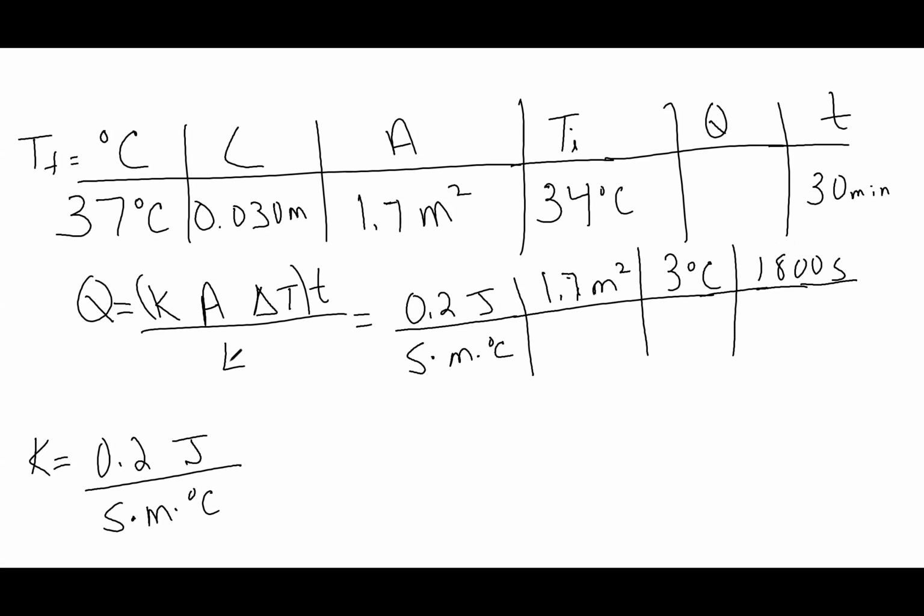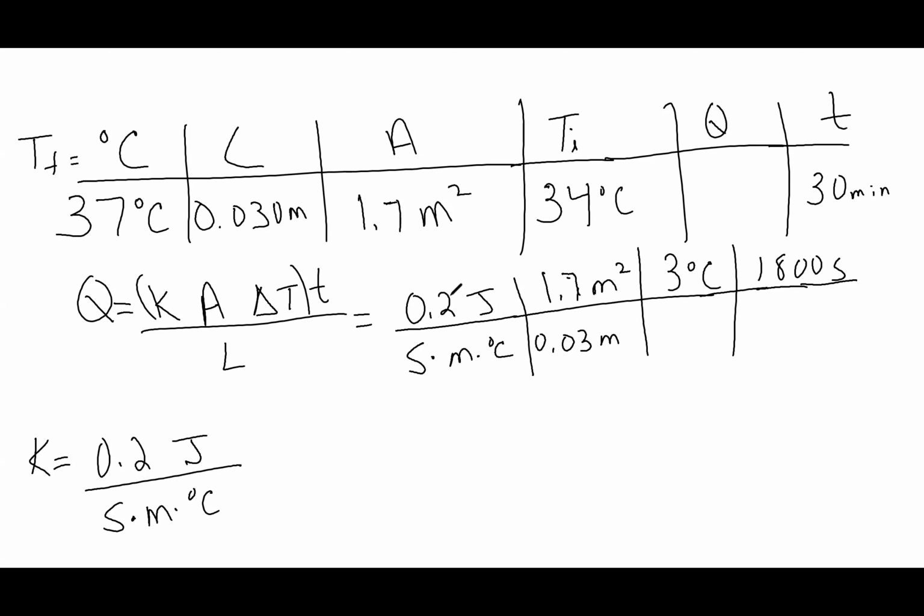Divide everything by the length, and the length it says was 0.03 meters. Now, we know that Q is measured in joules. So the first thing we need to make sure before we do any math is that the units all cancel except for the unit of heat, which is joules.